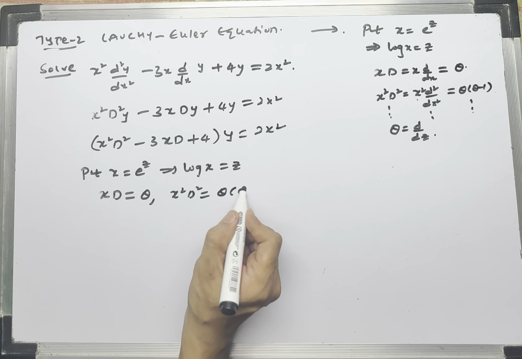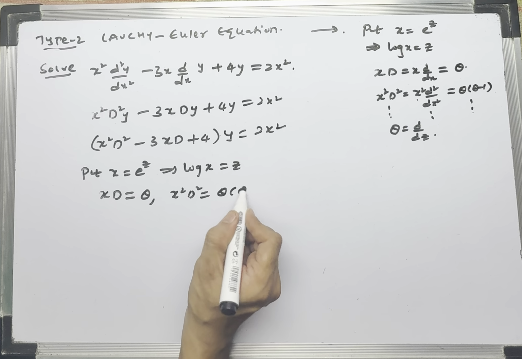So after changing this in terms of theta, 2 into x is e power z, so this is e power 2z. Now yp equals 2 e power 2z divided by theta square minus 4 theta plus 4.